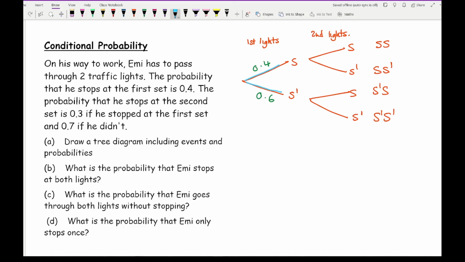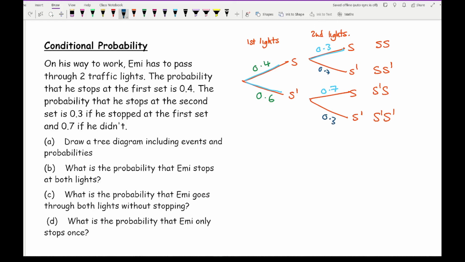Then the second set, it says that if he stopped in the first set, which he's done here, if I'm on this branch here, it's going to be 0.3. And if he didn't stop, the probability of stopping is going to be 0.7. So that means those other 2 probabilities are going to be 0.7 and 0.3, which can be very confusing because the numbers are the same, but they're on alternate branches. So just be mindful of that. And that's part A done.